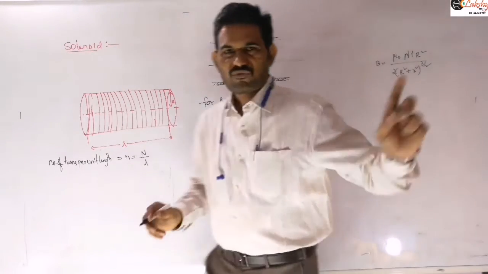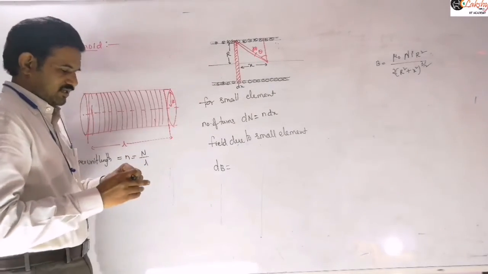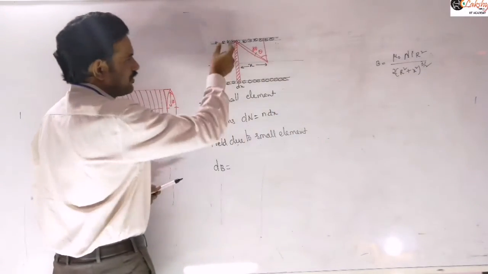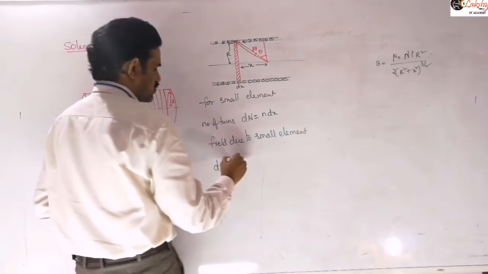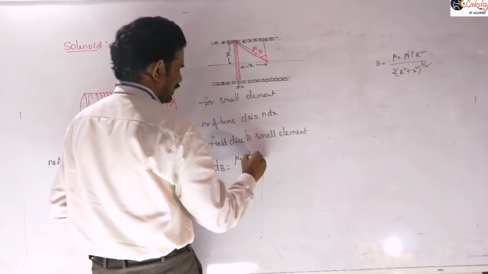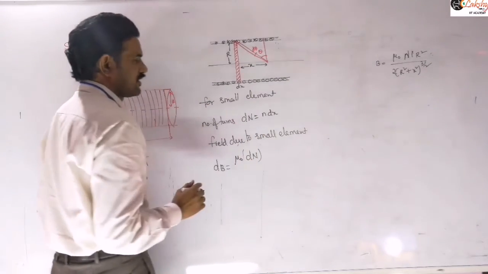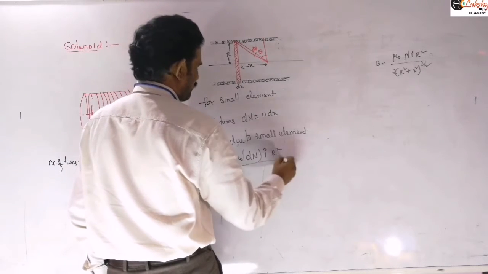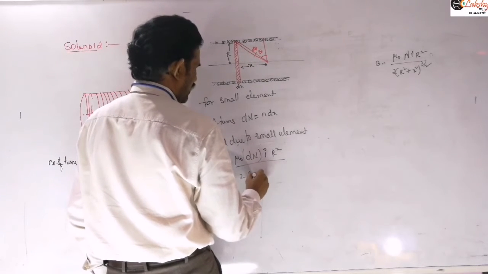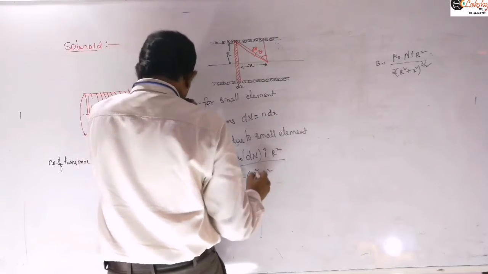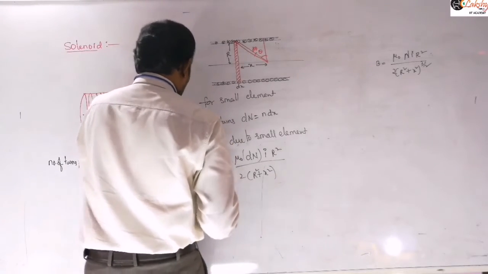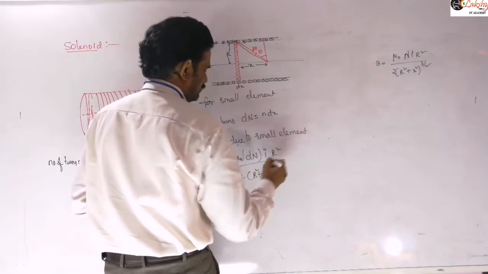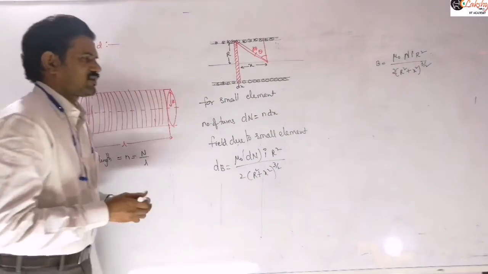That is our formula for the magnetic field due to a circular ring at any axial point. I am applying that formula for this element here. So this is mu naught dn, the number of turns, into i, the current flowing through this, R square by 2 of R square plus X square whole power 3 by 2. This is the formula we just applied there.